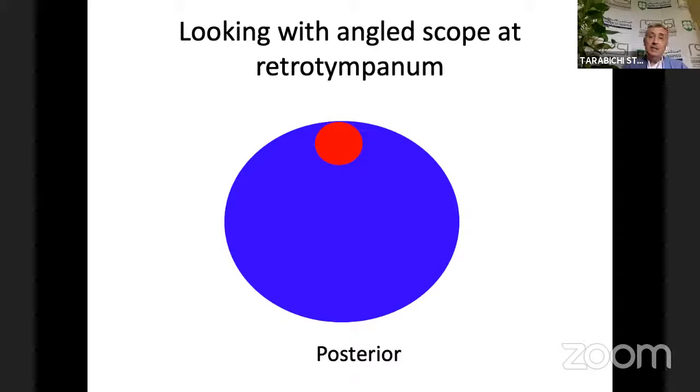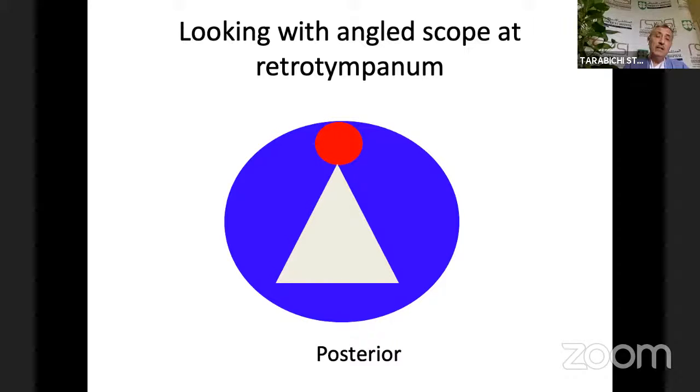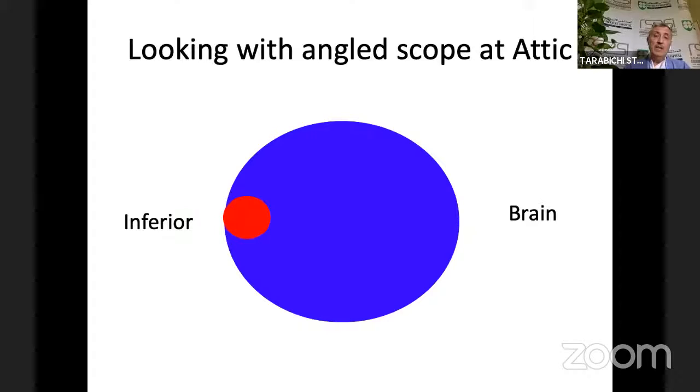So when using a 30-degree endoscope and you want to look at the retrotympanum, you basically put the 30-degree endoscope at the inferior end of the canal, and you look at the retrotympanum. If you want to look at the attic area, you put the 30-degree endoscope inferiorly towards the bottom of the ear canal.